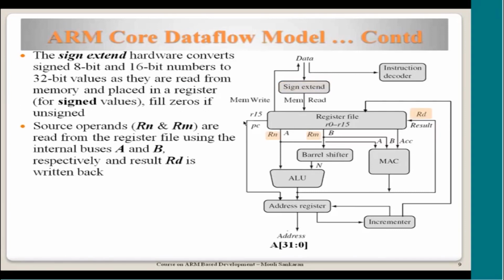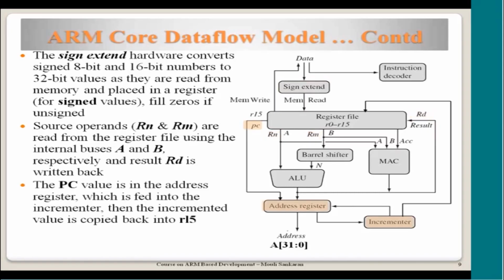And the 2 source operands for any instruction, the A and B paths, are read by these 2 read ports from the register file. And the PC value, as I mentioned, gets read from here and latched here, and the incremented value is written back into the register file.